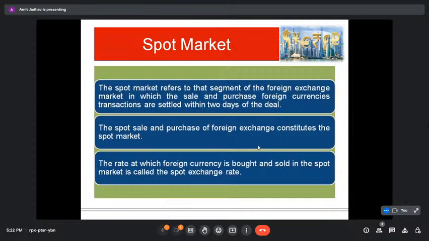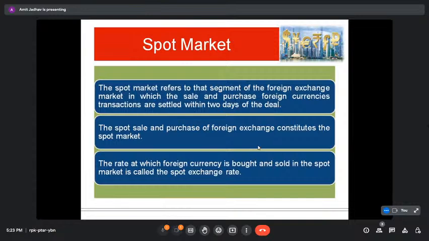The spot sale or purchase of foreign exchange constitutes the spot market. There is short-term buying and selling of foreign currency in such a market. The rate at which foreign currency is bought and sold in the spot market is called the spot exchange rate.